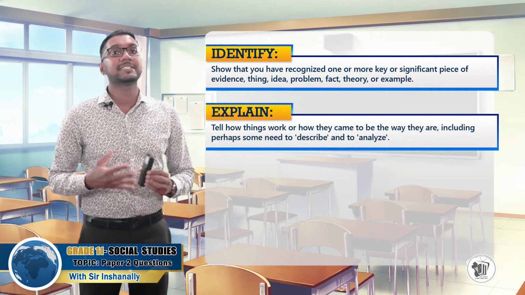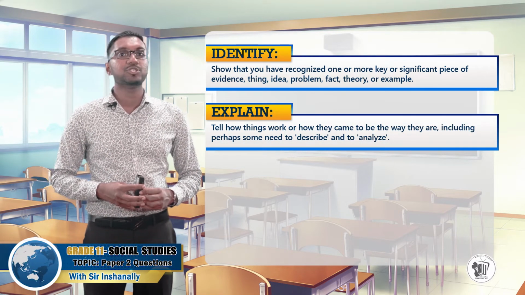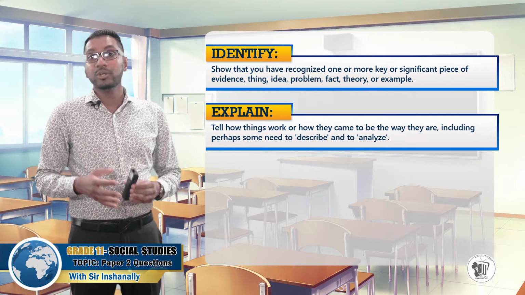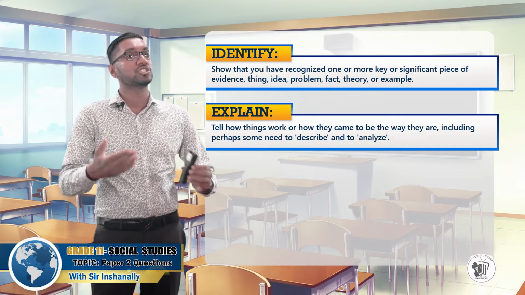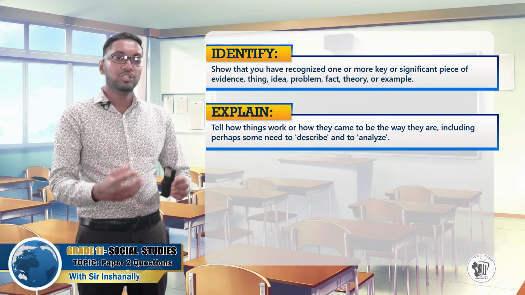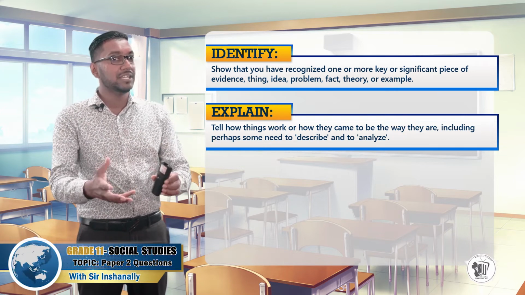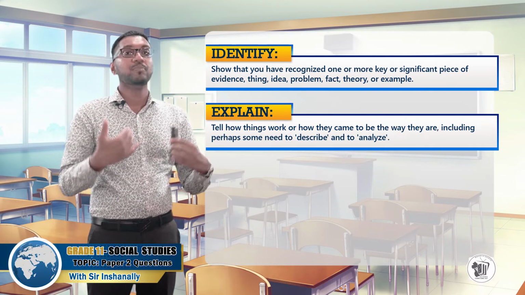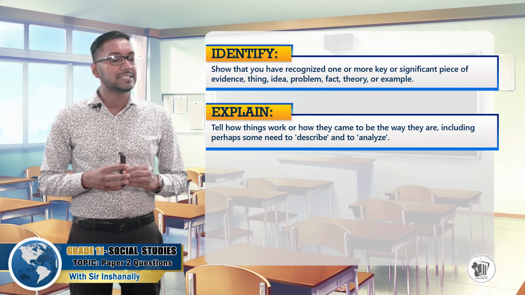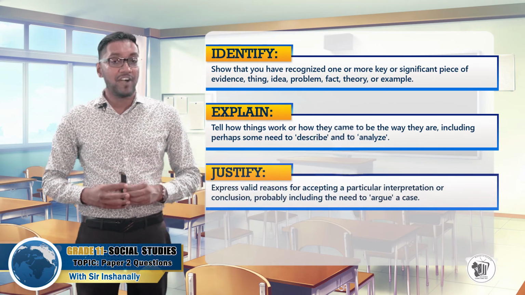As it relates to explain, you tell how things work or how they came to be the way they are, including perhaps some need to describe and to analyze. You have a concept, you look at the different components of it, the different aspects of it, you make it clear to the readers. And last but not least, you may be tasked with justifying.